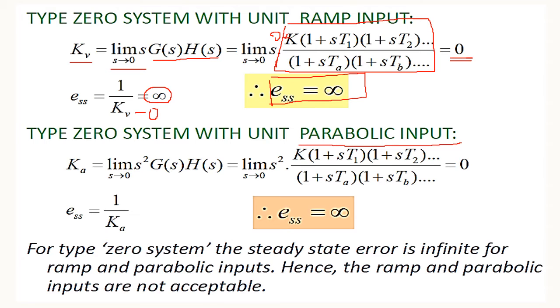Now for a type 0 system with unit parabolic input, what is the difference? Instead of Kv we'll be using Ka, and in the formula instead of s we'll be multiplying with s square. So Ka is limit s tends to 0 of s square G(s) H(s), and G(s) H(s) is again this whole function.